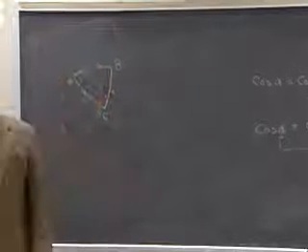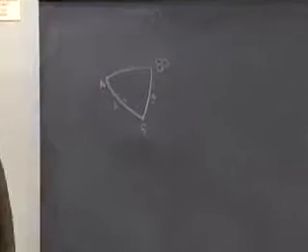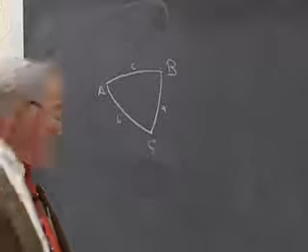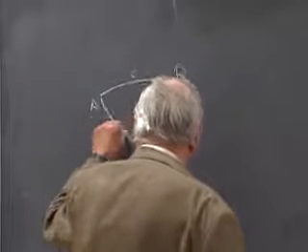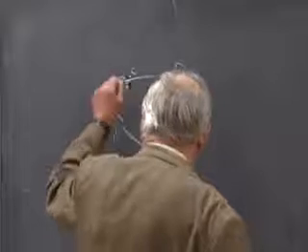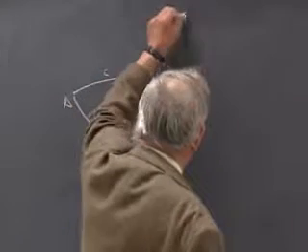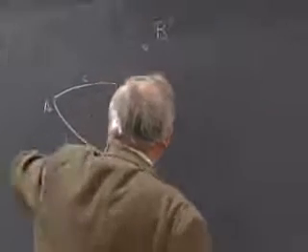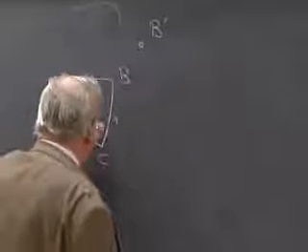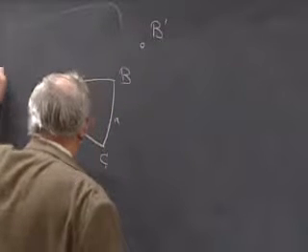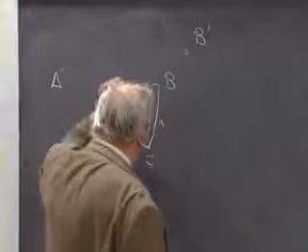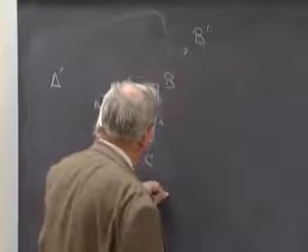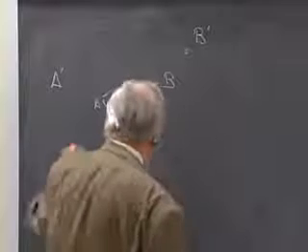And then we said we could construct something called the polar triangle of ABC. What we would do is find the pole of arc B, and that will be some point B prime. We'll find the pole of arc A, and that will be some point A prime. And we'll find, similarly, the pole of arc C, and that will be some point C prime.